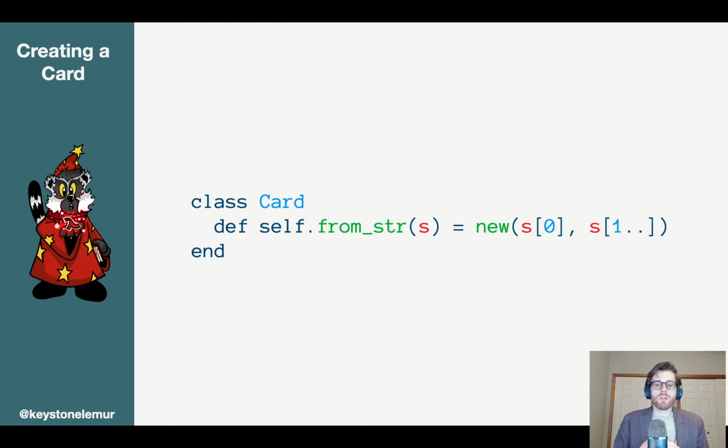Now, you might wonder why I'm not just using the second character and why I'm using 1.. Well, that's because there are ranks like 10, which are going to break that. 1.. is another newish feature, which I believe is in Ruby 2.7, which is an endless range, which represents 1 to effectively infinity. In this case, we don't have to type in -1 and say from the beginning to the end of the list, or from the second character to the end of the list.